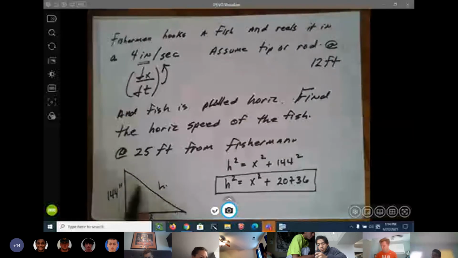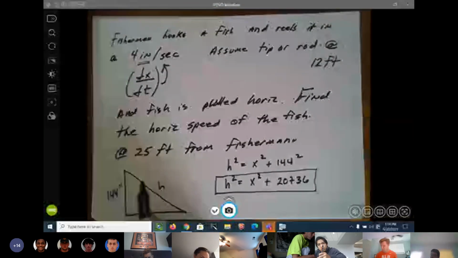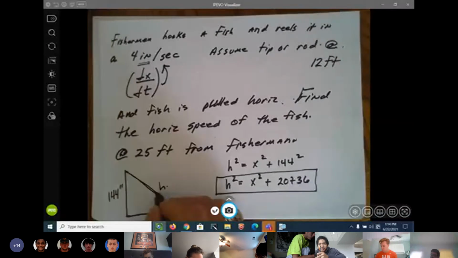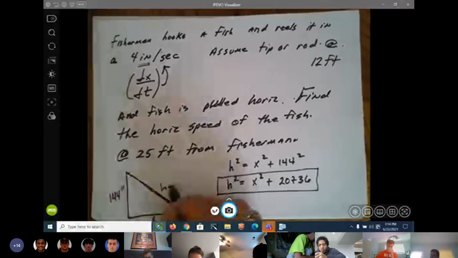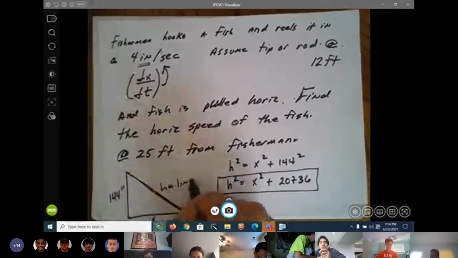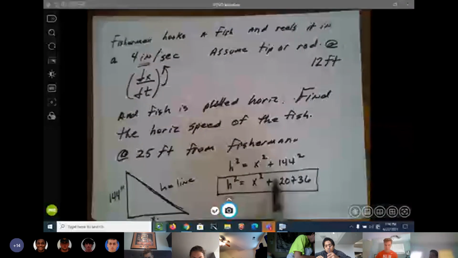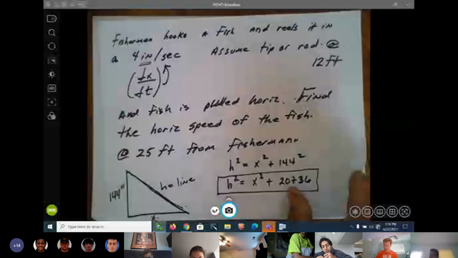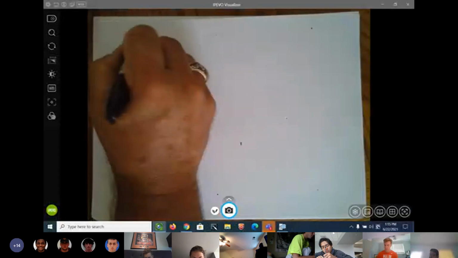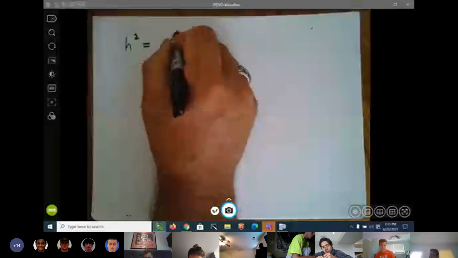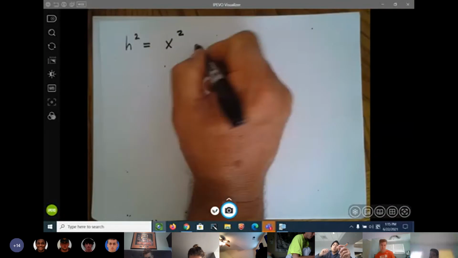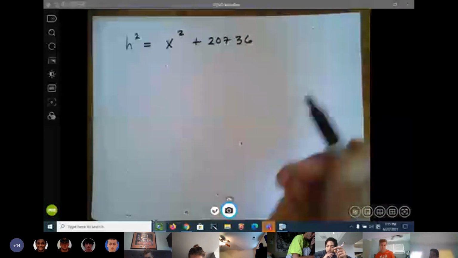That's how much the hypotenuse is changing, which is his fishing line. So we find that distance and we find this distance, 25 feet.